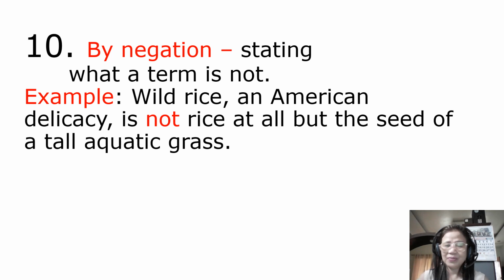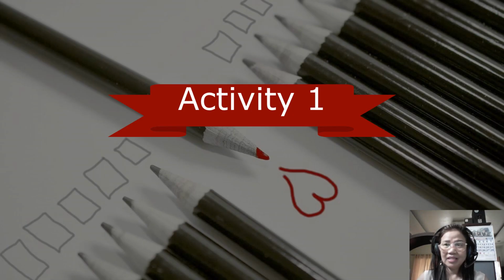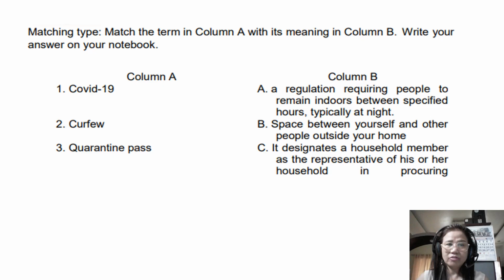All right, so let's do your activities. For activity number 1, you have to do this matching type. You have to match the term in column A with its meaning in column B. Write your answer on your notebook.